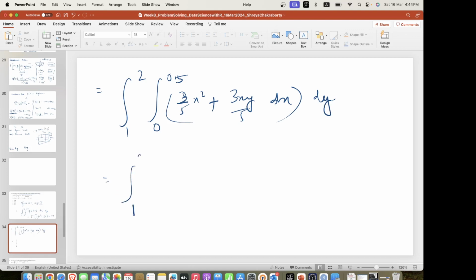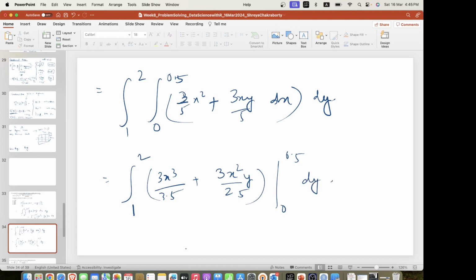This will be 1 to 2, 3x cube by 3 into 5 plus 3 x square by 2 into y by 5, from 0 to 0.5, dy.